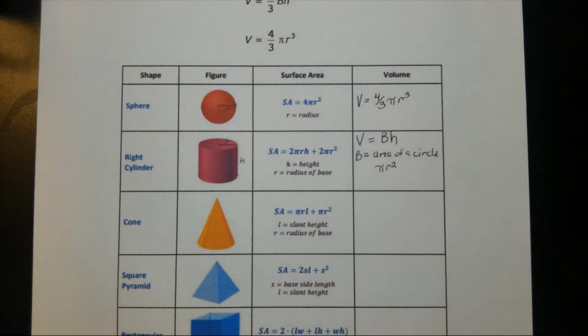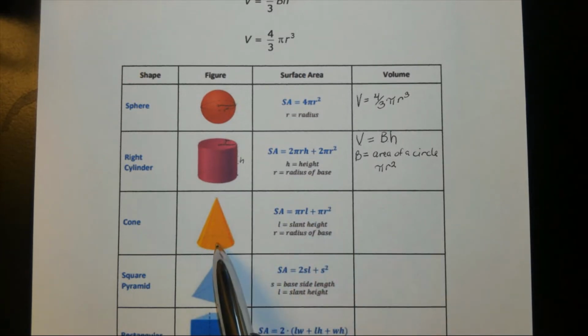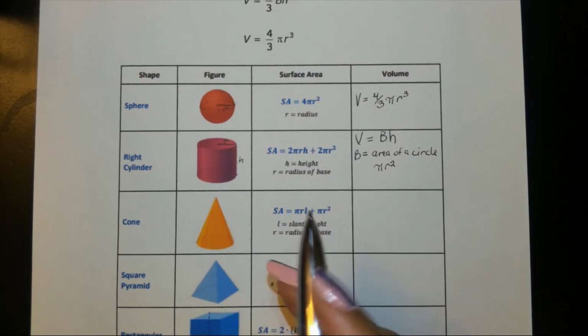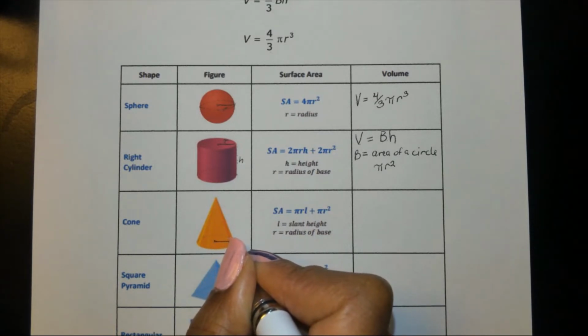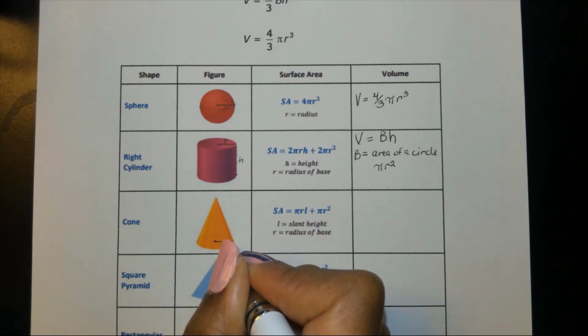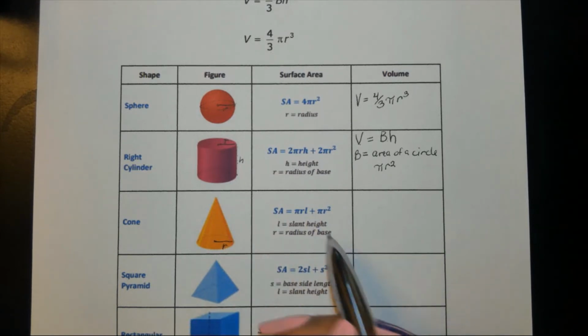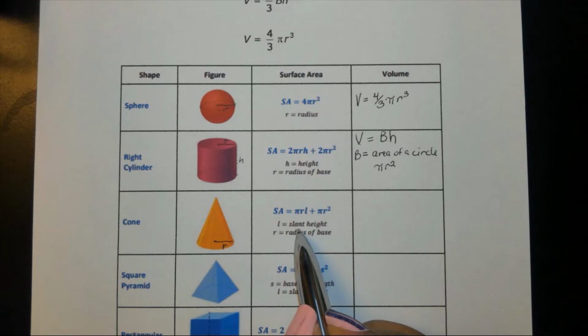So we're going to talk about what each thing represents. We already know what the radius is. The radius would be coming from our circle that's down here at the bottom. So I'm going to identify our radius from the center to the side of the circle, nothing new. And of course, this talks about something new, which is the slant height.